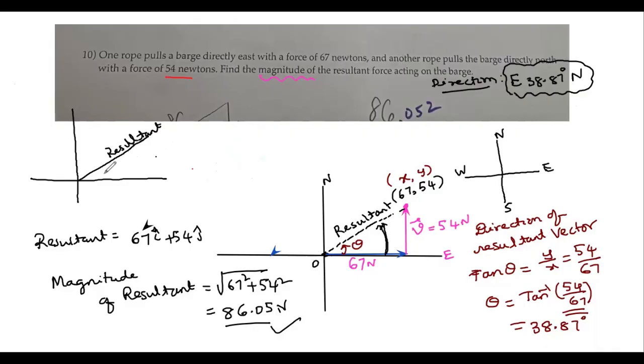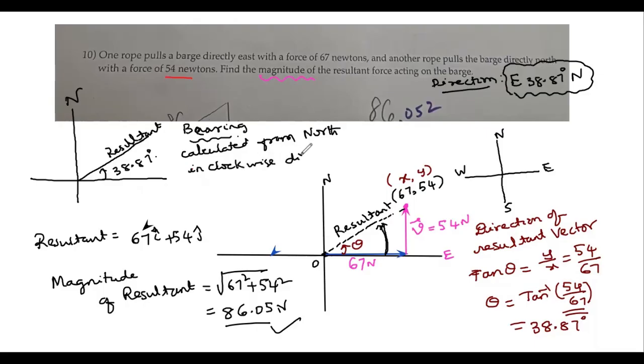The resultant vector is making an angle of 38.87 degrees from the x direction, east to north. So the bearing is measured from the north in the clockwise direction.